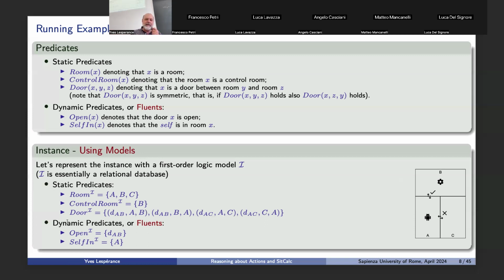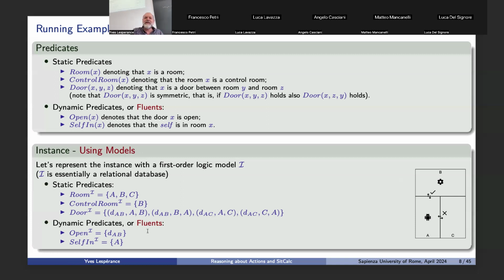And now for the dynamic predicates. Here, DAB is open, but DAC is not. So our interpretation says that the only object in open is DAB. DAC is not there. The rooms are not there because they're not doors.